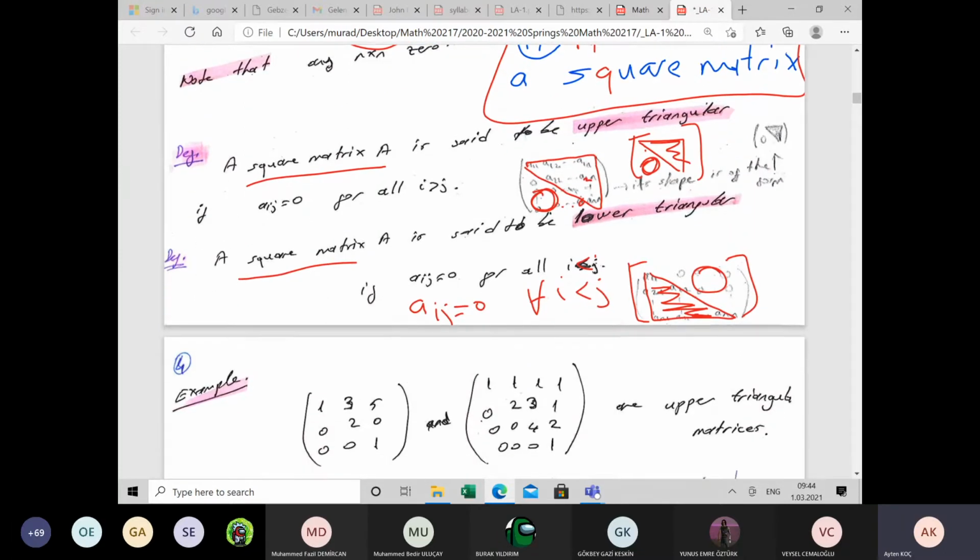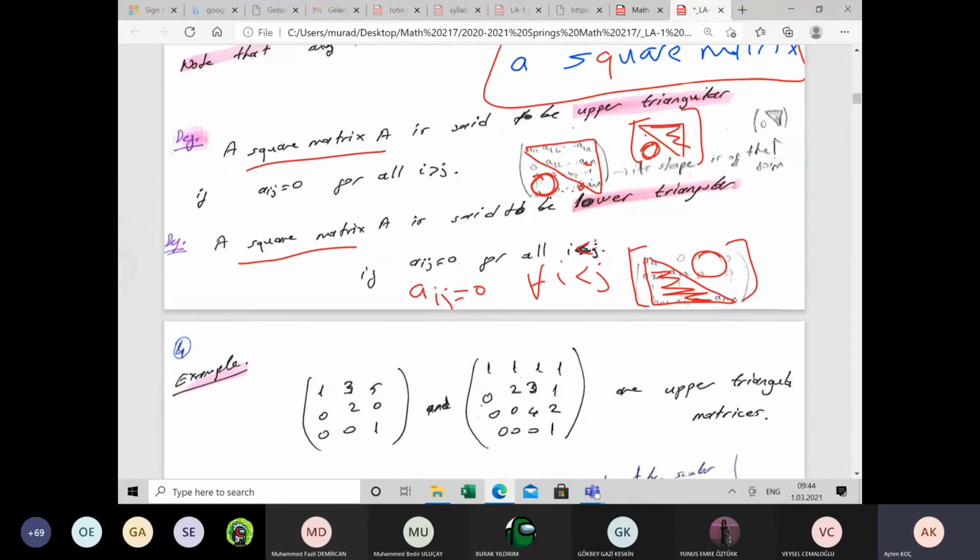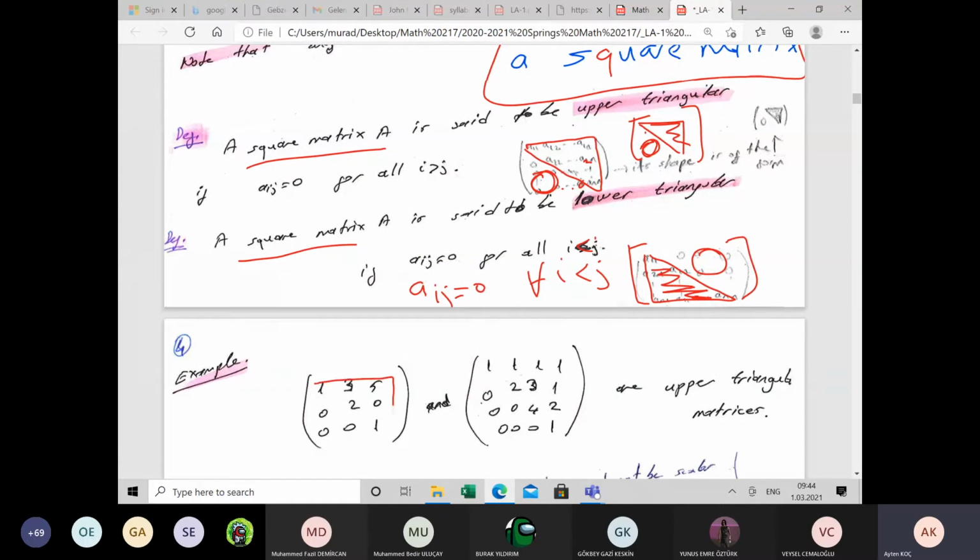So look at our example. This matrix is a square matrix, yes, because it is 3 by 3. It should be a square matrix, and also this part is 0. So this one is an upper triangular matrix.